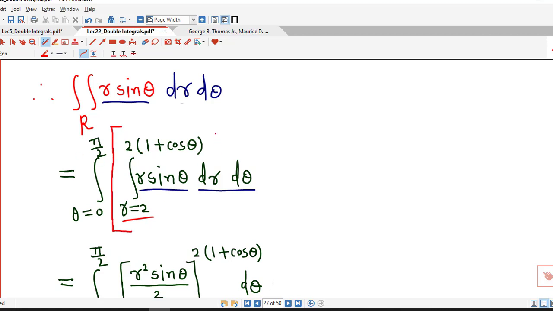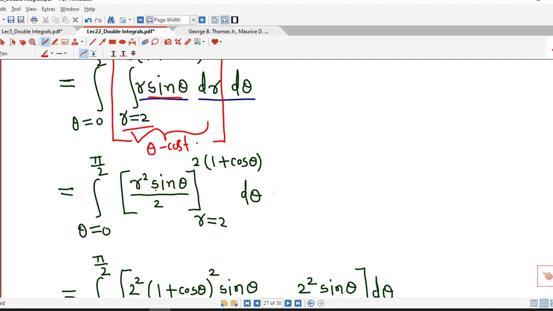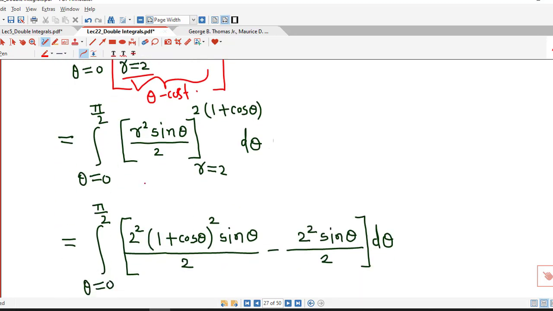First integration is with respect to r, and here we consider theta as constant. So sin theta is constant. Integration of r is r square by 2. So we have r square by 2 into sin theta, and limits of r are from 2 to 2 times 1 plus cos theta.